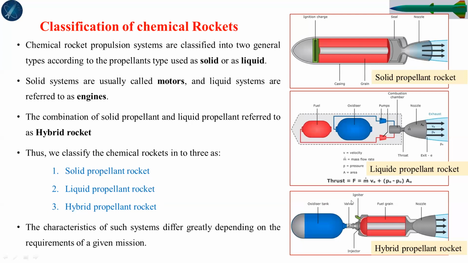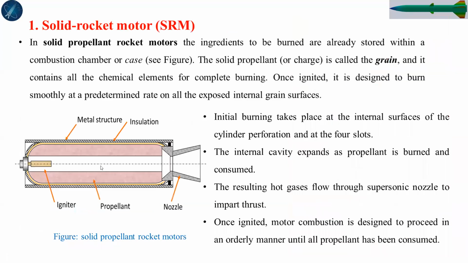So these three are called chemical rocket systems. So this is the solid propellant rocket. Look at the component parts of a solid rocket. Nozzle is one of the parts. Propellant grain is another. Igniter is another such component. There is a metal structure, known as casing, and also an insulation system.